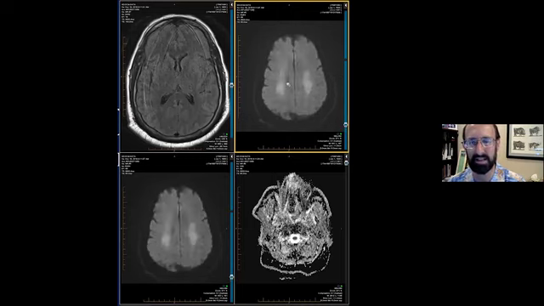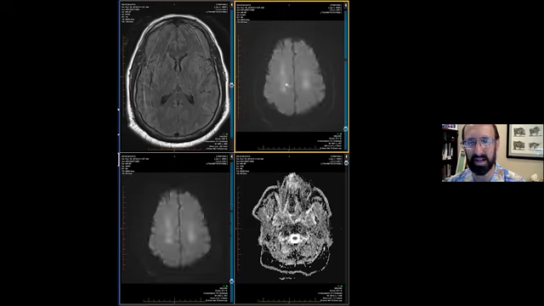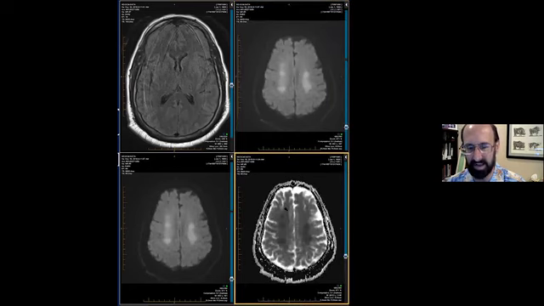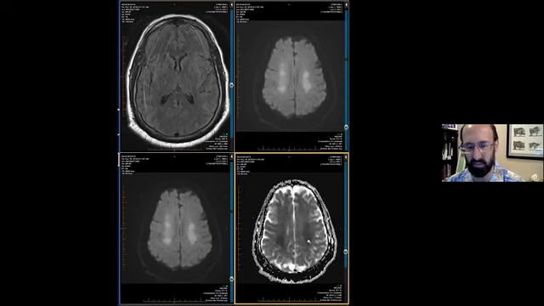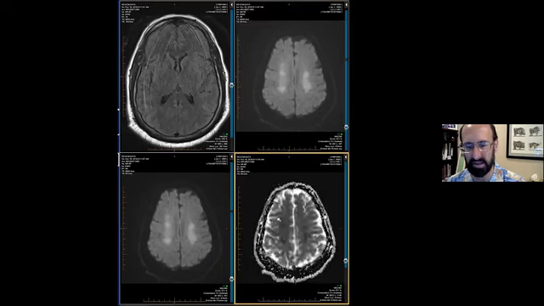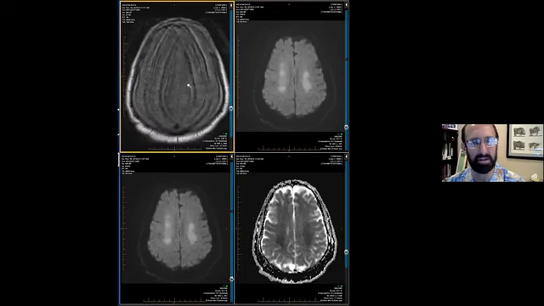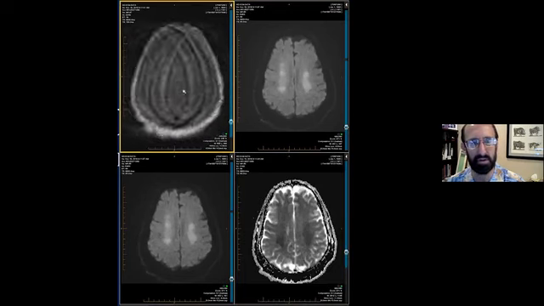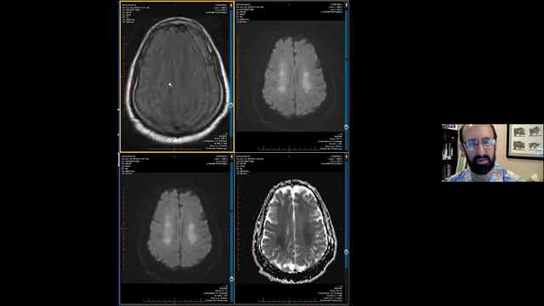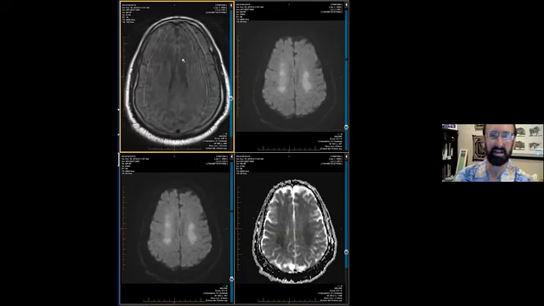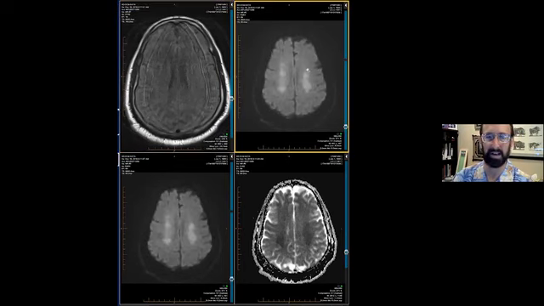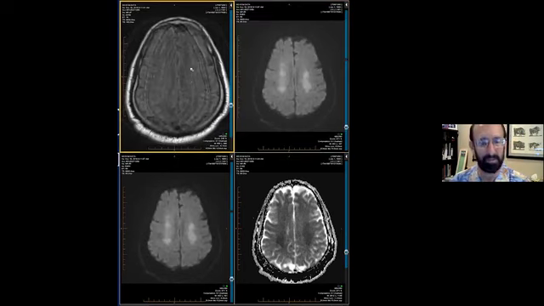There is high signal intensity bilaterally in the central white matter of the centrum semiovale and corona radiata. On the ADC map, you can see the low signal intensity associated with the bright signal intensity on the DWI. And the corresponding FLAIR, although there's a lot of motion artifact, looked pretty reasonable. We weren't seeing a similar area of abnormality on the FLAIR scan.